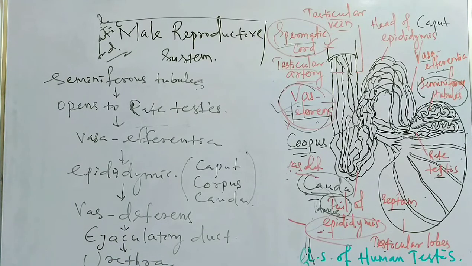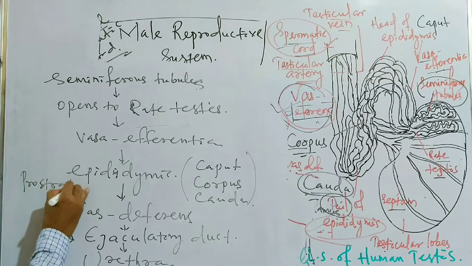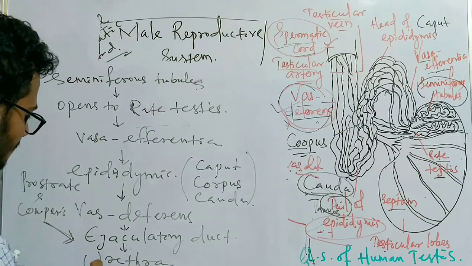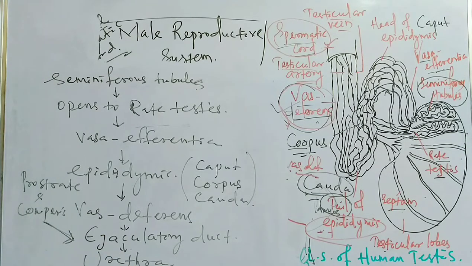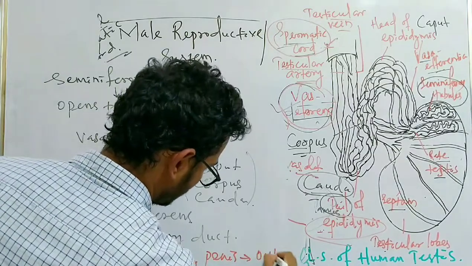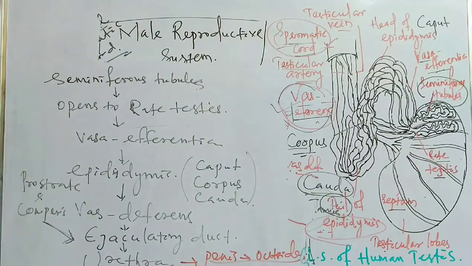This is the last part, and here the prostate gland and Cowper's gland open. Their secretion also opens to the urethra, and then it passes out through the penis to the outside. So this is the flow chart.